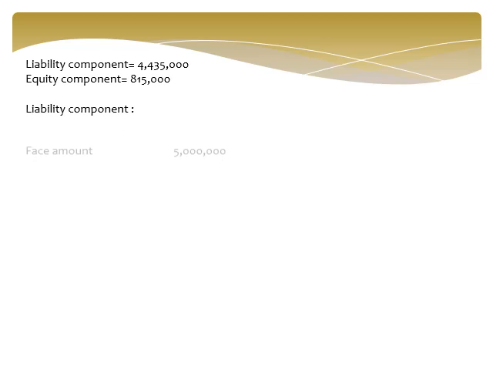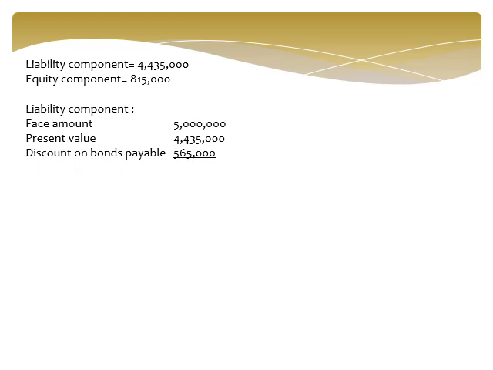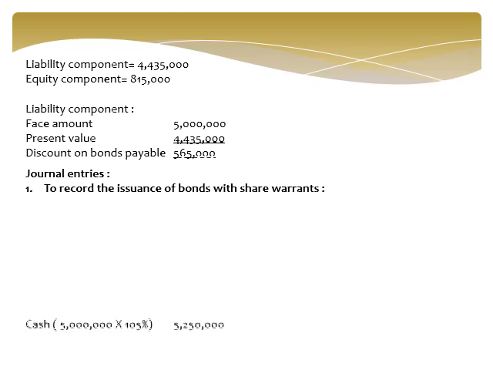So, sa liability component, again, the difference between the face amount and the present value, yun yung discount or premium on bonds payable. And since, syempre, mas mataas si face amount, meaning, binenta natin si bonds at less than the face amount, so nagpa-discount ngayon si issuer. Meaning, merong discount on bonds payable na 565,000.